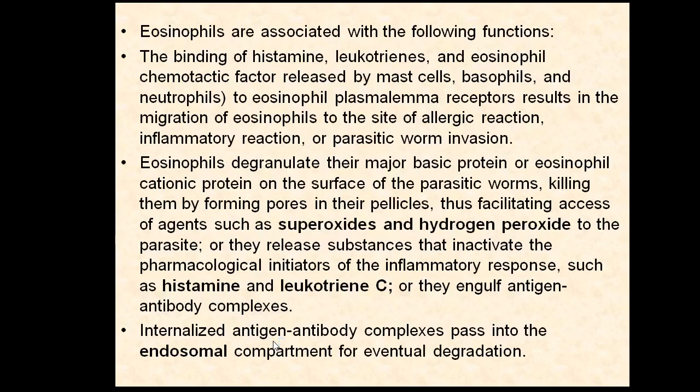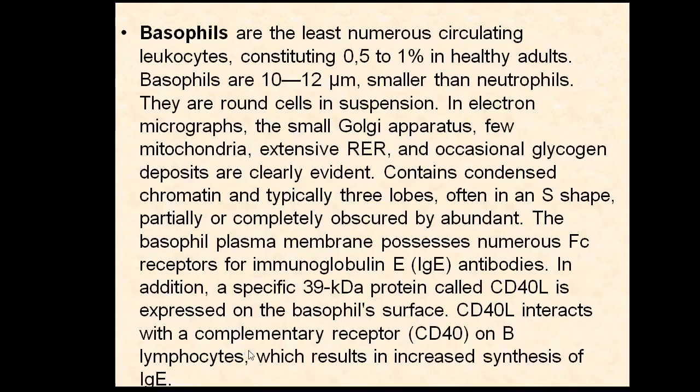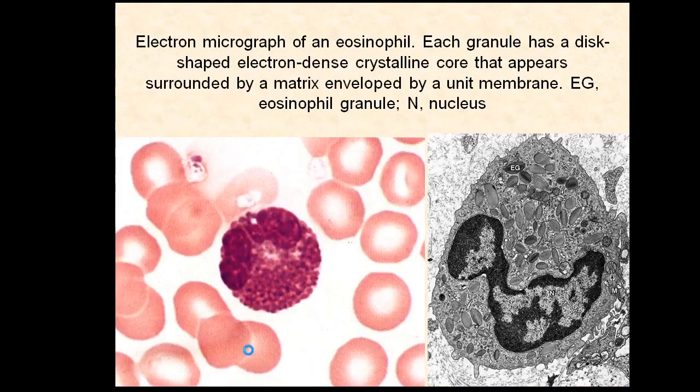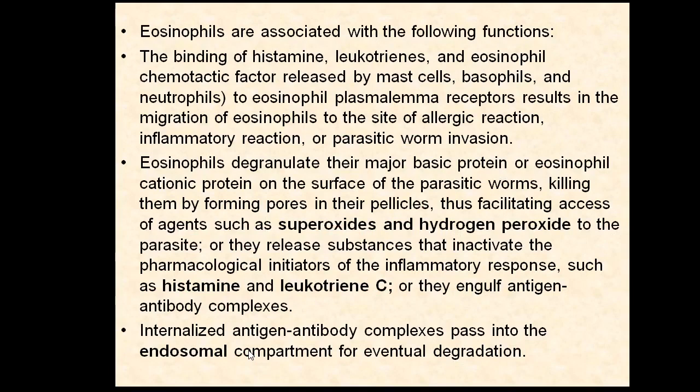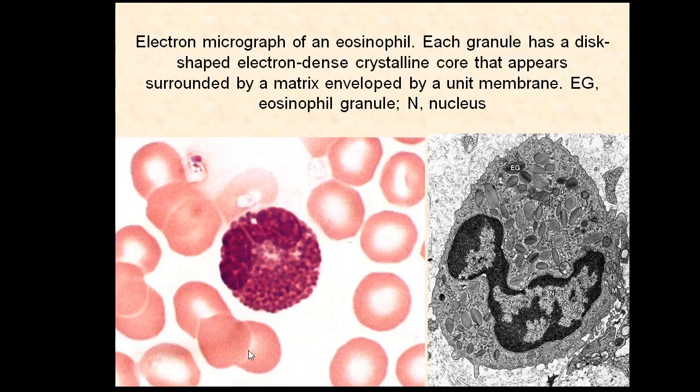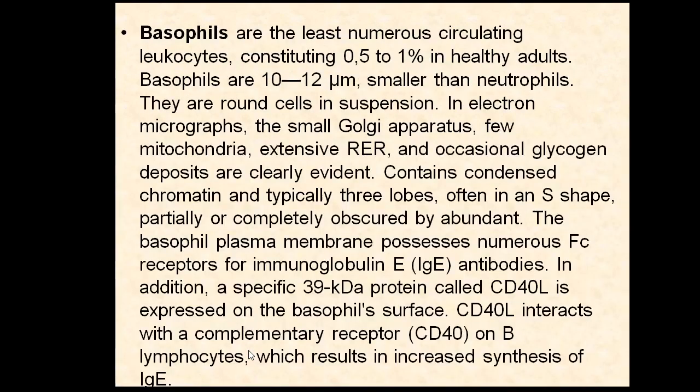The content of their granules has antiparasitic factors and special enzymes like histaminase, which cleaves the histamine in the tissues and decreases the allergic reactions. Also, the cells can participate in the inflammatory reaction.